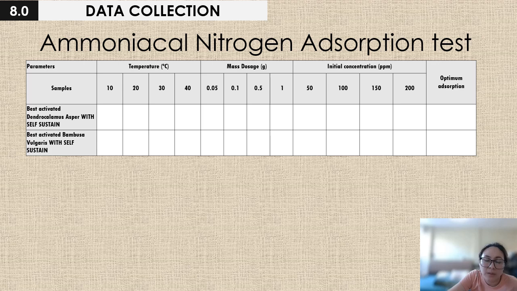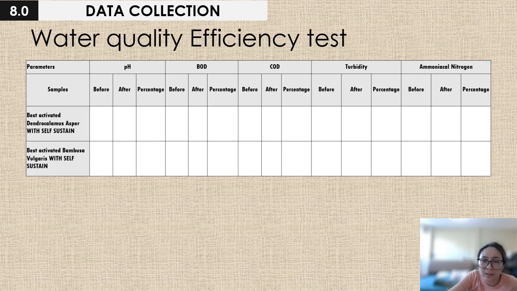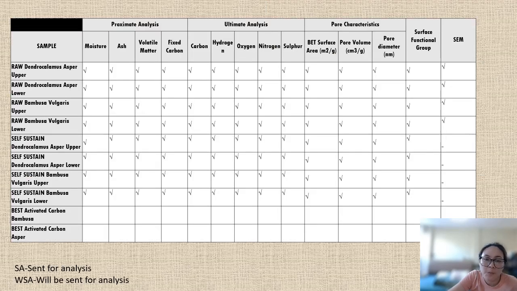And this is the table that I will fill after I finish my activation. This is the last part. After the optimized parameters, I will put them into the water quality efficiency test.